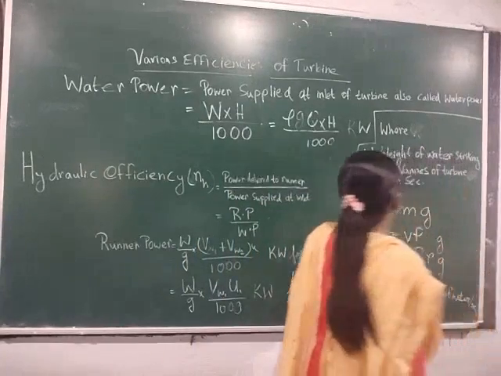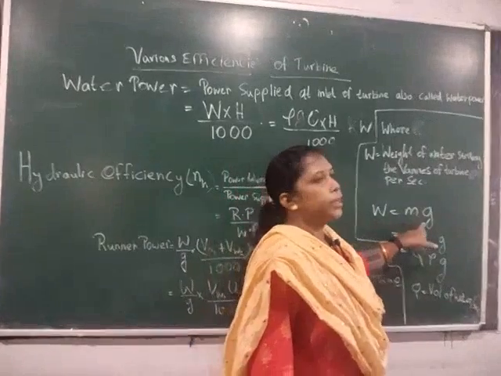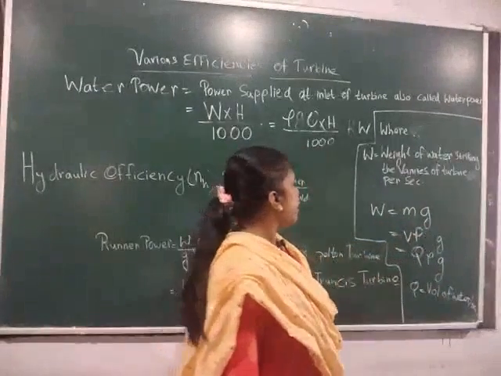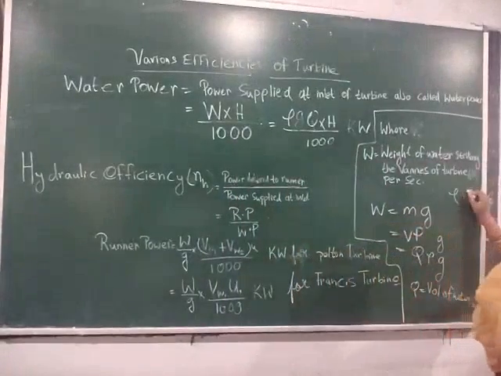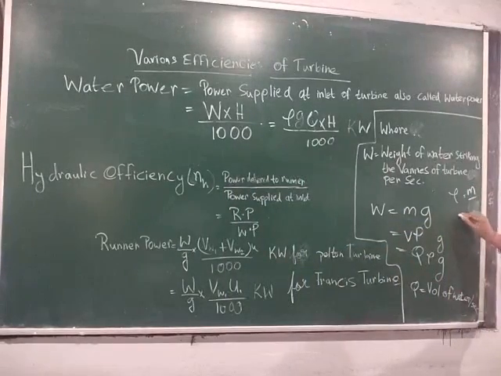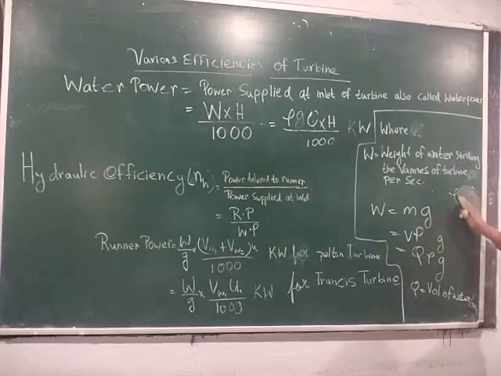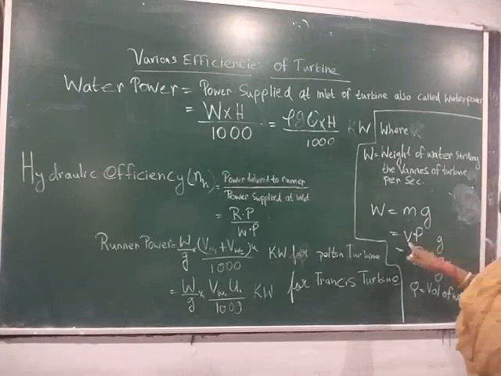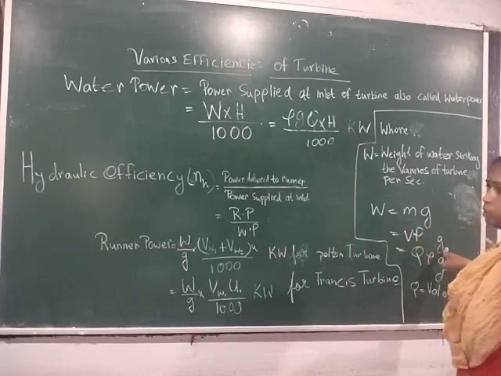Next, you can write down W as, what is the formula of W? Mass M into your g, gravity. Next, you know your density is equal to mass by volume. So M is nothing but rho into V. So in place of M, we can write rho into V into g.